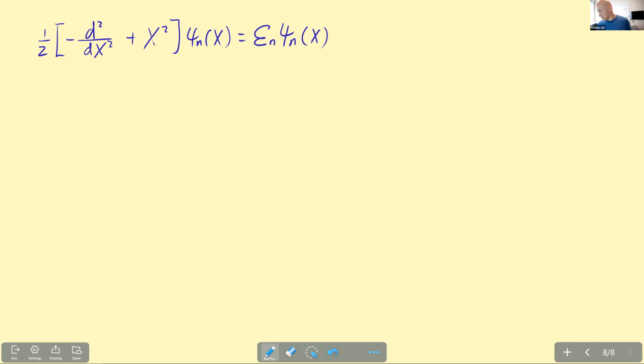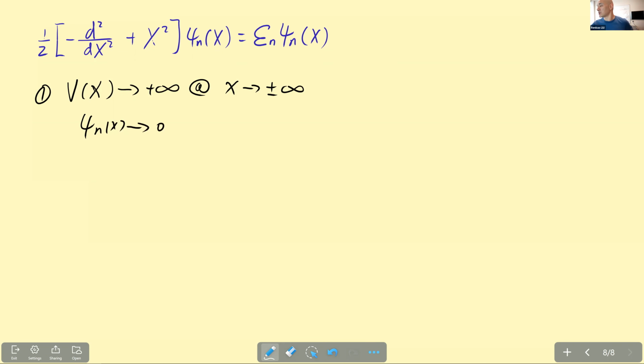First of all, we see that this potential goes to infinity if x goes to plus or minus infinity, right? So that means this ψ_m(x) should go to 0 for all quantum numbers m, right?